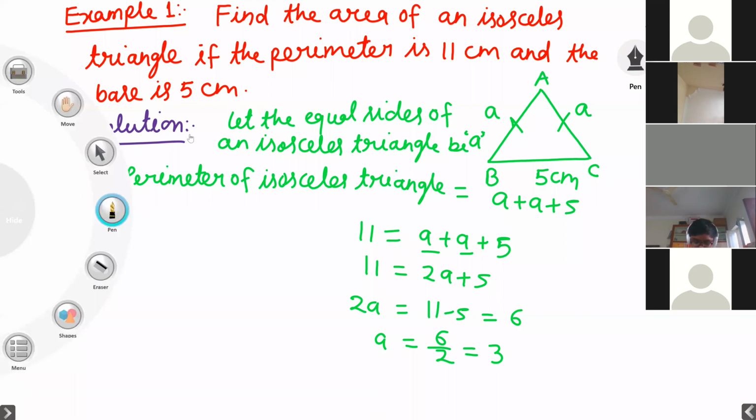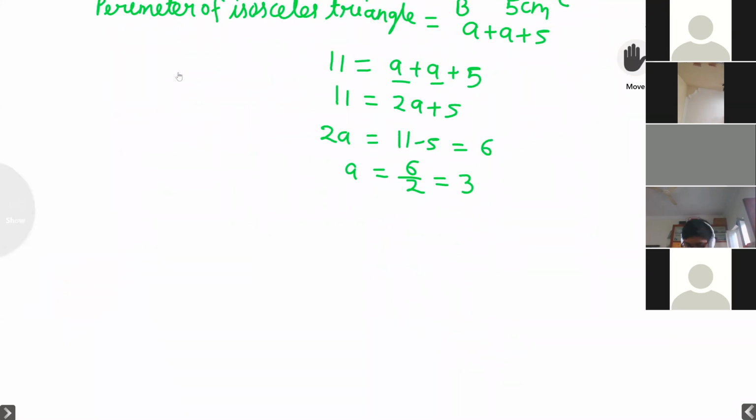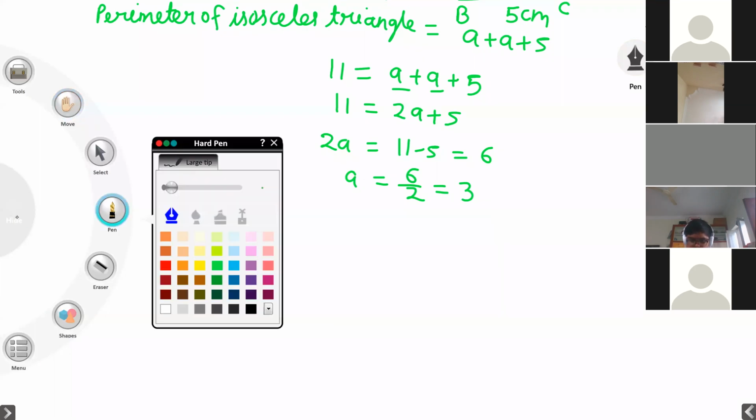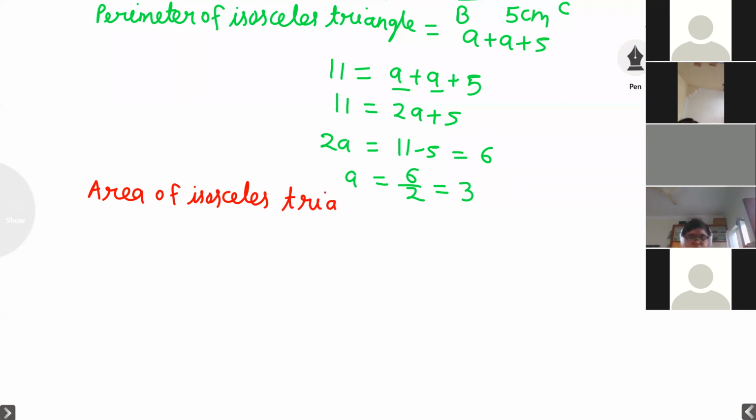Area of isosceles triangle is equal to b by 4 square root of 4a square minus b square.